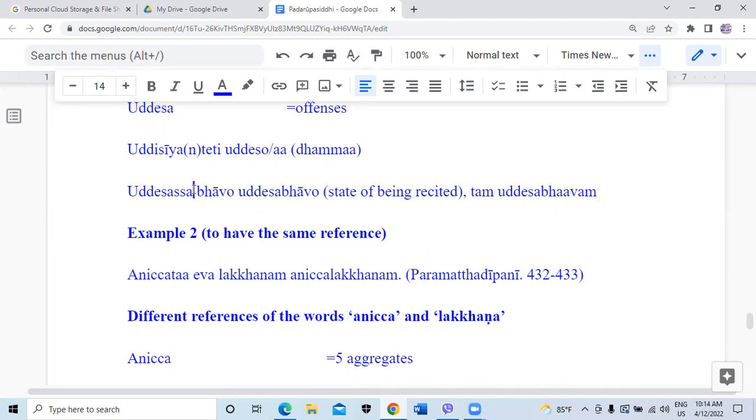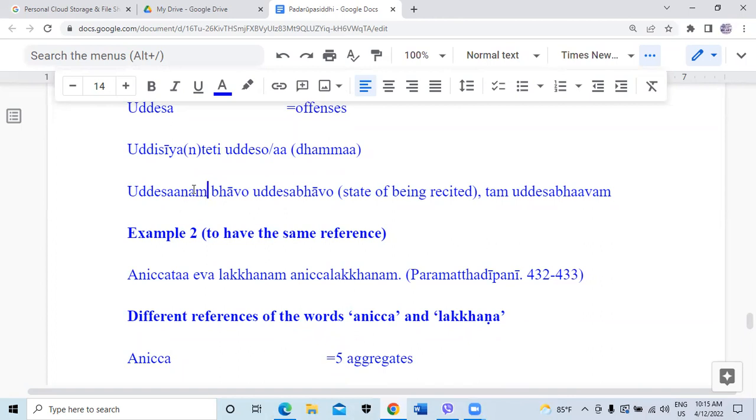Odesassa Bhava, if we consider Odesa as Bhava. Any question? Shall we clear? Yes, Sayadaw.